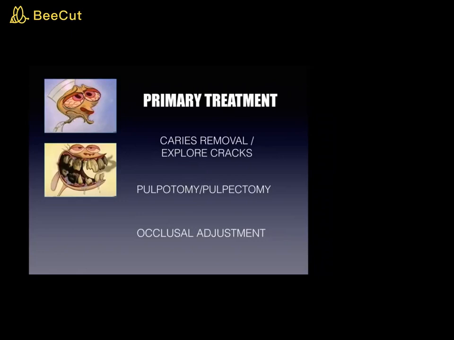If you have an inflamed thumb and you keep smacking it, it's not going to settle down. So make sure you take it out of the occlusion. A lot of this is backed up with evidence as well. There are studies, but I'm not going to hammer you with lots and lots of studies, but there are studies to show that that's actually very effective. So caries removal, explore cracks, pulpotomy or pulpectomy, and then carry out an occlusal adjustment.